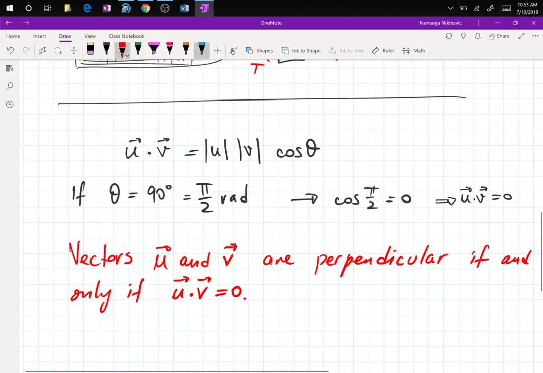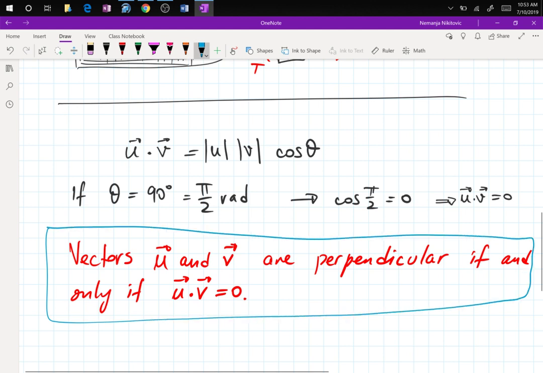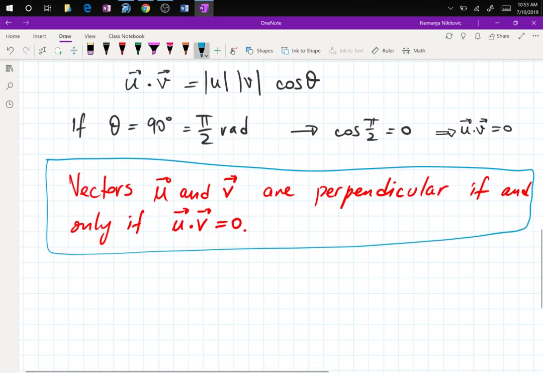As I said, very useful, very important theorem. We will use it to define many things as we go. Well, not many things, but some of the things as we go along, and it's going to be useful to solve a whole bunch of problems.